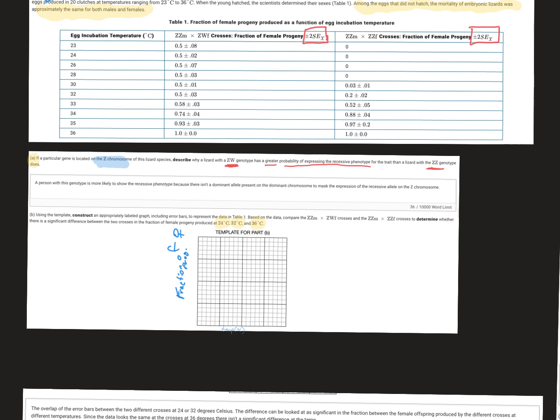If I have 50% as my lowest number and my highest number is 100, I can't go above 100%. And I'm going to put fraction of females over here.